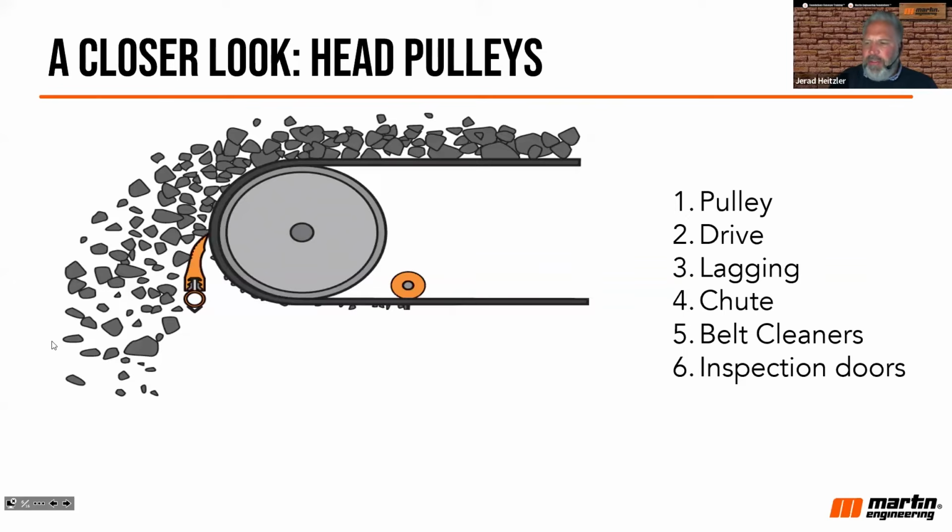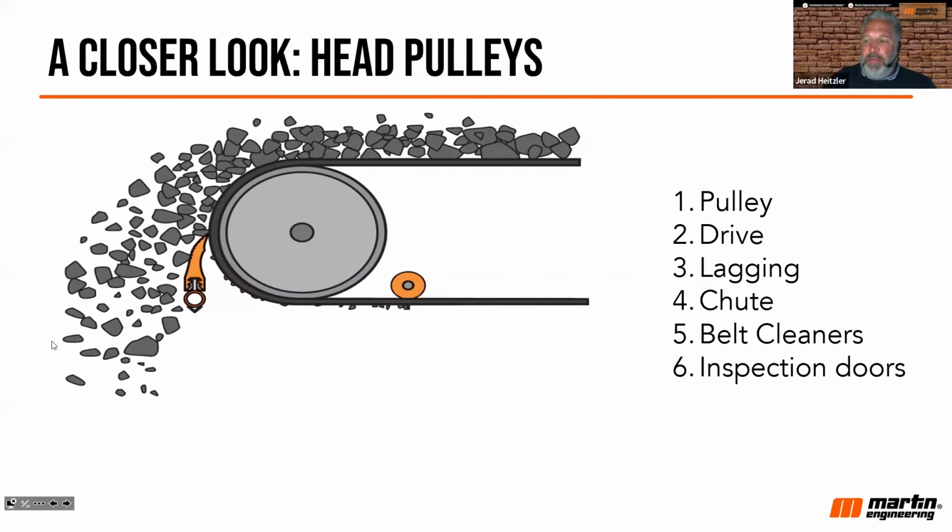So if you're not familiar with inspection doors, in some industries, if that head pulley is enclosed and you don't have those inspection doors, you can't get in there to inspect belt cleaners or lagging or some of the other components that might be in there.